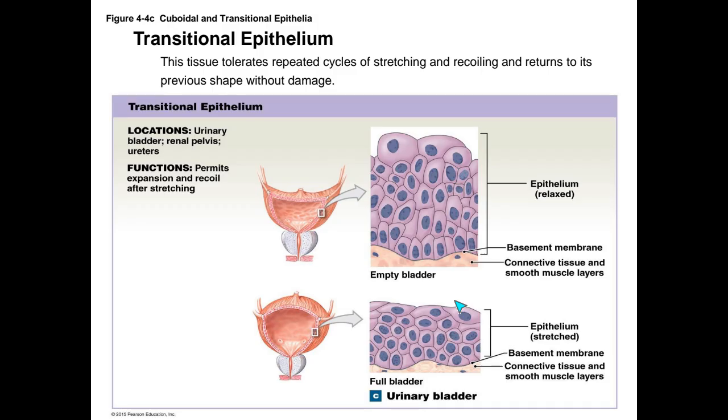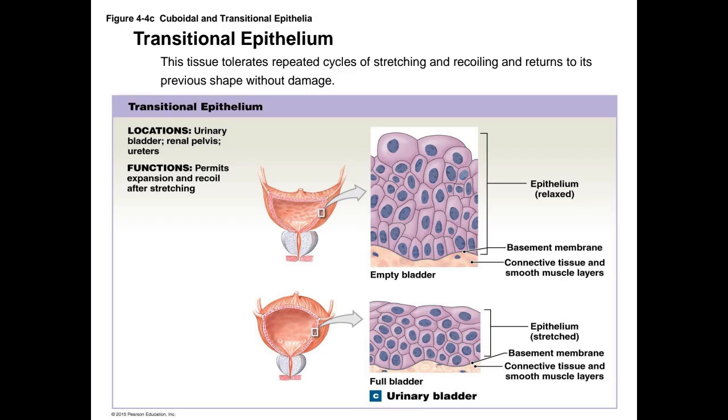They will transition based on stretching, and that's a transitional epithelium. So transitional epithelium doesn't have a specific shape, so it transitions or changes. So that's our other category besides the pseudostratified ciliated columnar that doesn't follow those rules, the transitional epithelium.